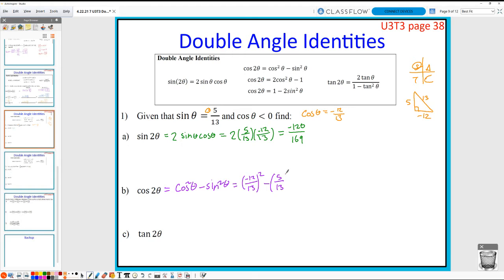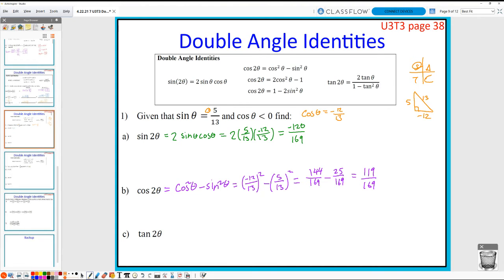Sine squared is 5 over 13 squared. That's going to equal 144 over 169 minus 25 over 169, which leaves me with 119 over 169. I do reckon.